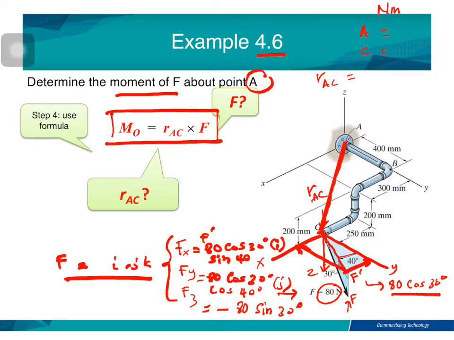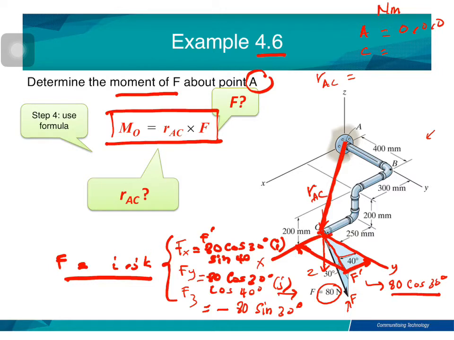So look here, the distance is given in mm. So we need to convert to meter because the force is already in Newton. Okay. Now, what is the point C here? The point A here is as usual 0, 0, 0. And then the point C here, look at what is the X, what is the I. So we need to get I.